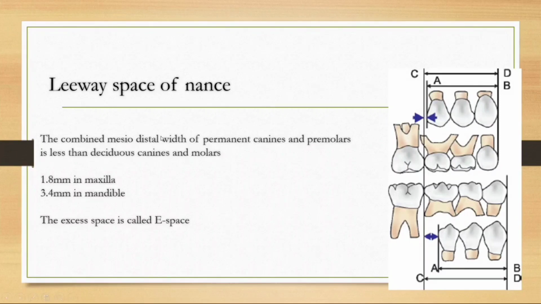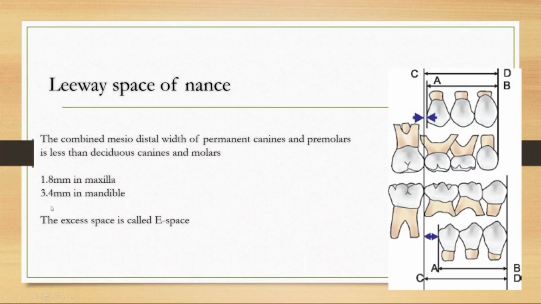So there is always a difference, that is 1.8 mm in the maxilla, that is 0.9 on the left side and similarly on the right side, and a larger distance is present in the mandible because the lower molars are very wide mesiodistally.